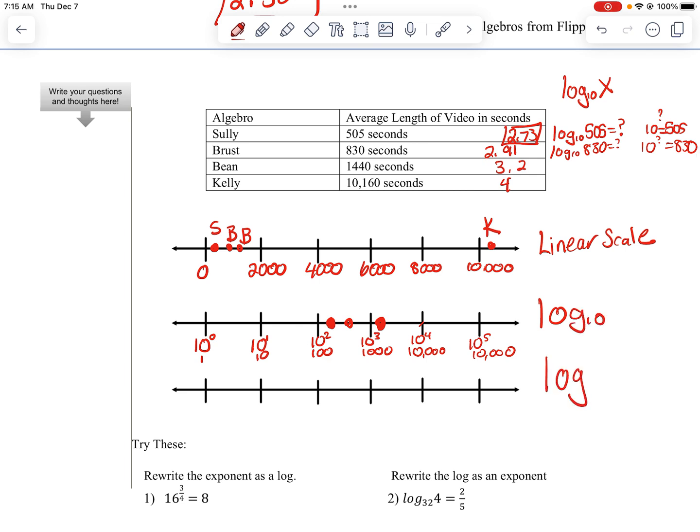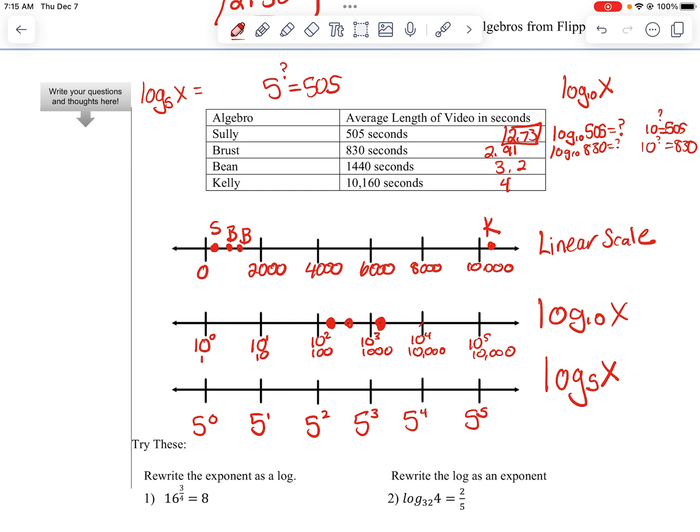We could also graph it with a log base 5 scale. So we're figuring log base 5 of whatever and seeing what that equals. Again, we're saying 5 to what power gives us the value of 505. So this one would be 5 to the 0, 5 to the 1st, 5 squared, 5 cubed, 5 to the 4th, 5 to the 5th.